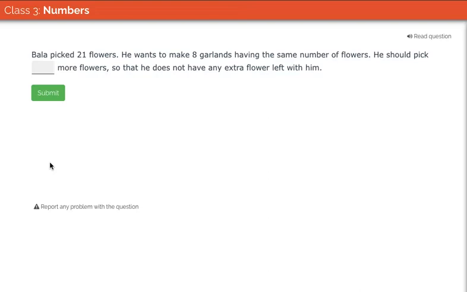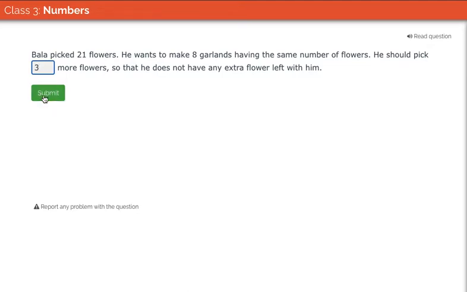Let's see any number which is close to 21 in the 8 times table. 24, 8 times 3. So he needs to pick 24 minus 21, which is equal to 3. So he has to pick 3 more flowers, so he does not have any extra flower left with him.